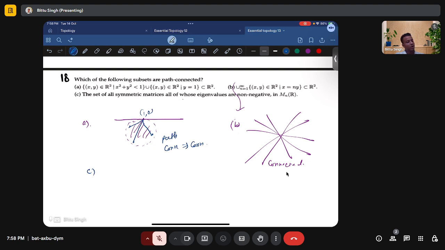The set of all symmetric matrices whose eigenvalues are non-negative. For C, we are considering symmetric matrices, and we are also assuming eigenvalues are non-negative.